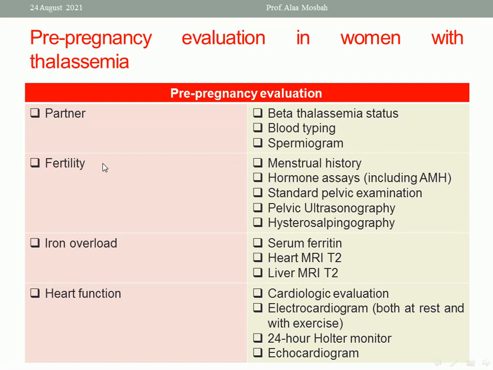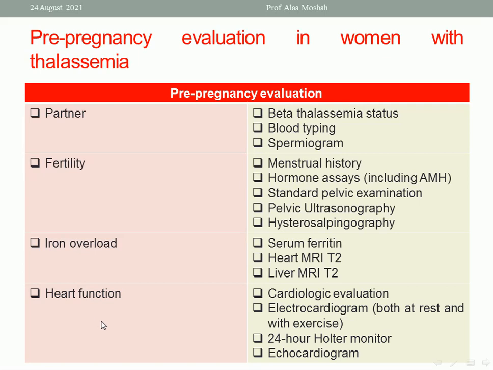For fertility, we should know the menstrual history. We do hormonal assays, including anti-Mullerian hormone, to know the ovarian reserve, standard pelvic examination, pelvic ultrasonography, and hysterosalpingography. This is regarding the fertility factor.